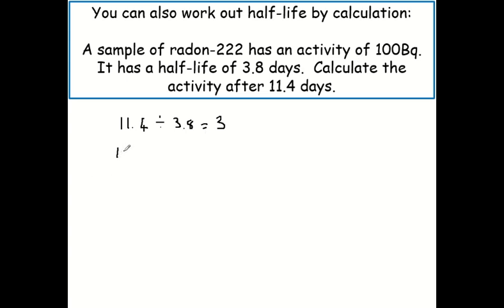If you're not a fan of fractions, you can always do it as 100 divided by 2 will give us 50. So that's 1 half-life. Then we can do 50 divided by 2 gives us 25, second half-life. And then 25 divided by 2 is going to give us 12.5. So that's our third half-life and therefore our final answer.